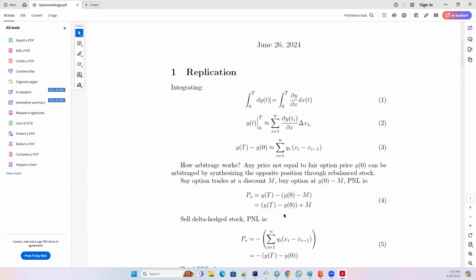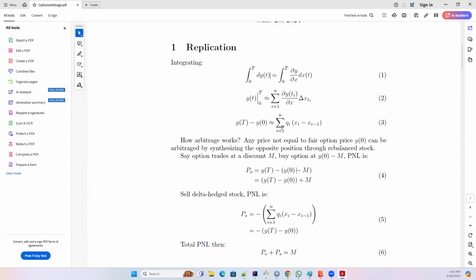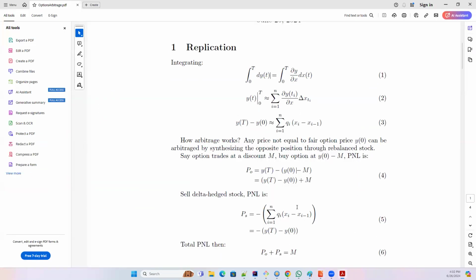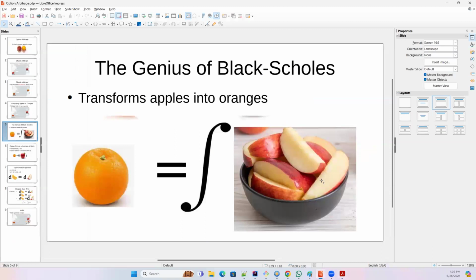And to make an arbitrage, you replicate the option, and so you sold this, and now you have to buy this, the stock, to have something to arbitrage it with. So you buy the stock, but using this formula, so a little slice of apple every day.